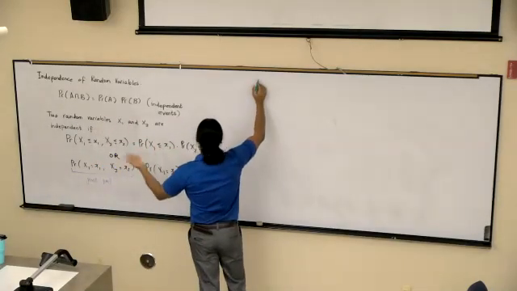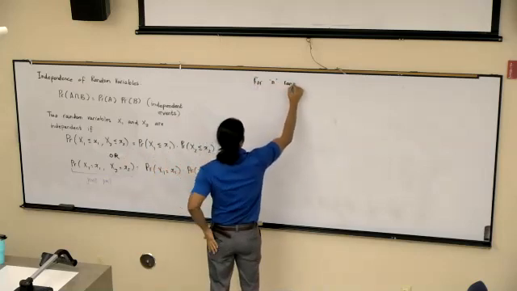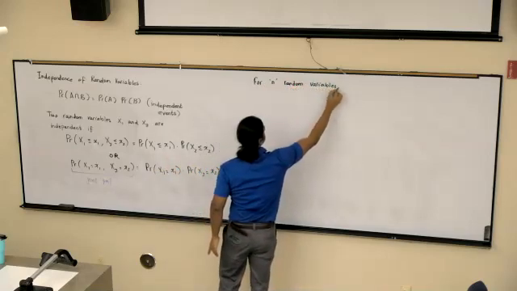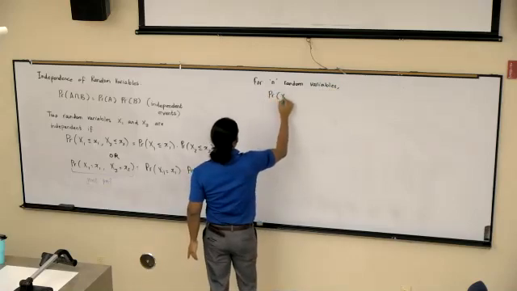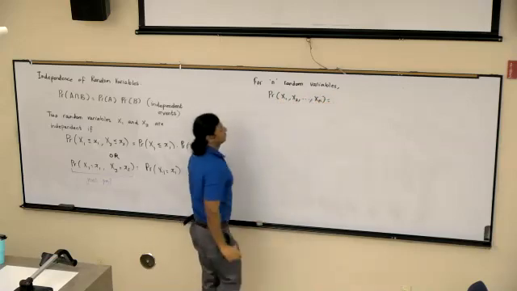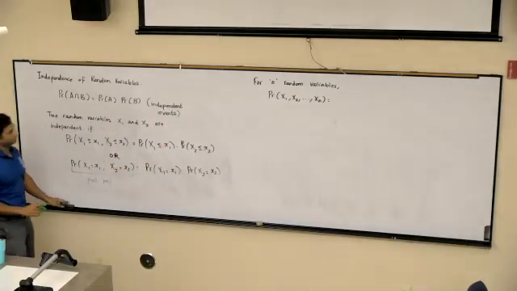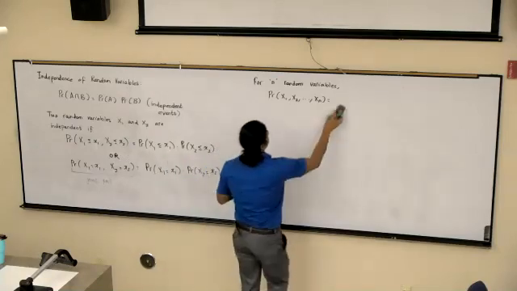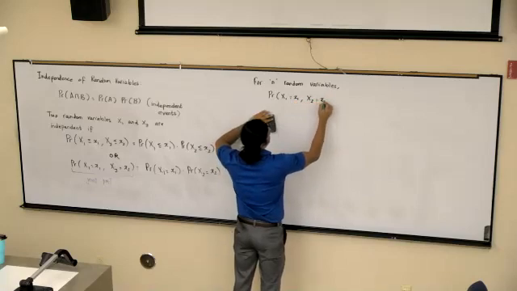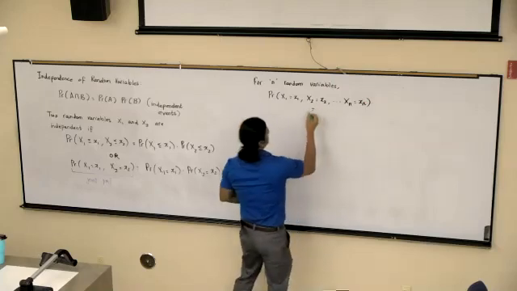So if I expand it to n random variables, that would be the joint PMF. To be precise, X1 equals x1, X2 equals x2, and so on. What should that equal?